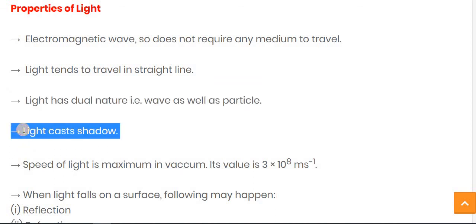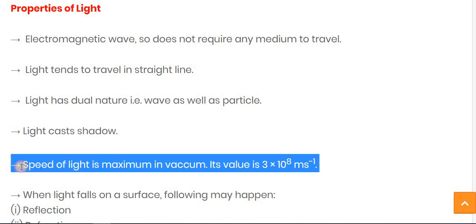The third is that light casts a shadow, meaning light forms a shadow. The fifth is that the speed of light is maximum in a vacuum, and its value is 3 into 10 raised to 8 meters per second.